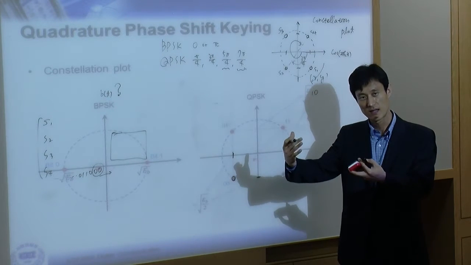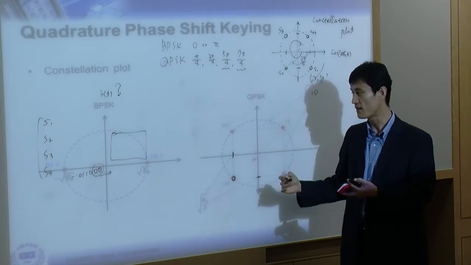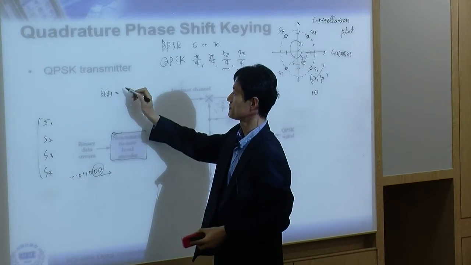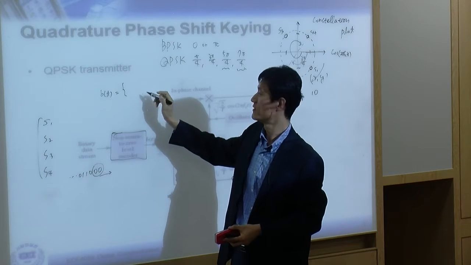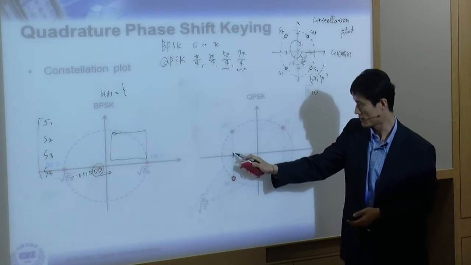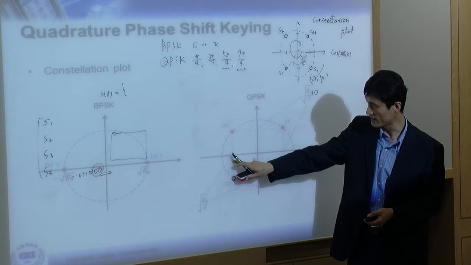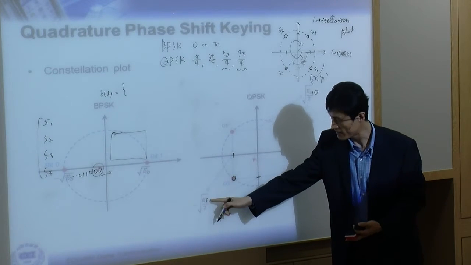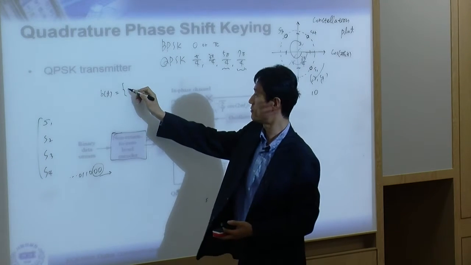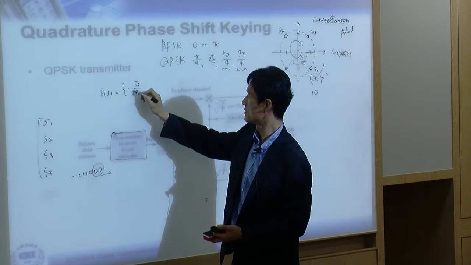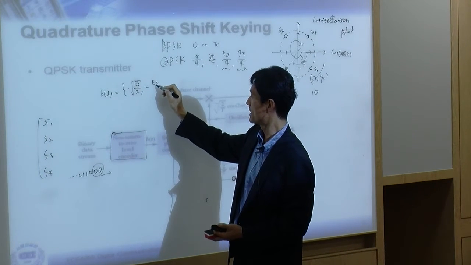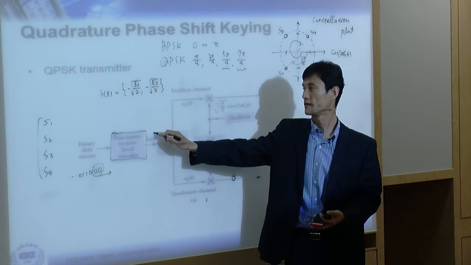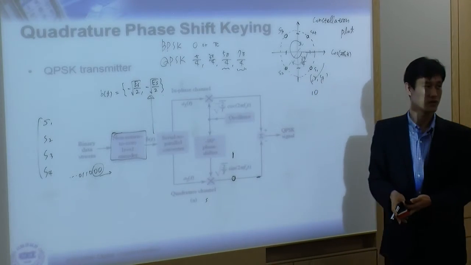So what BT looks like here is two values, this one and this one: minus root Es over root 2, minus, and also minus. So we're going to get that output here.